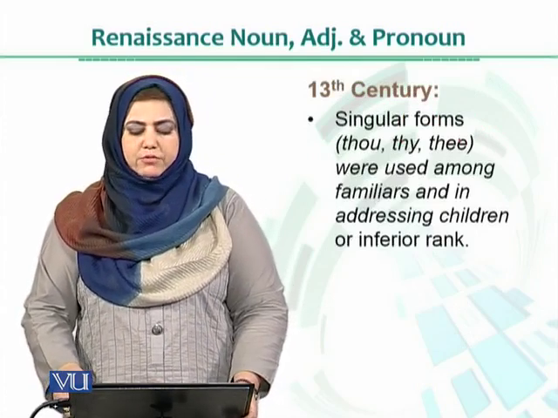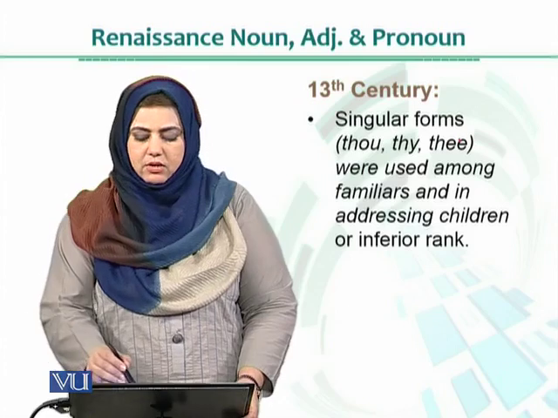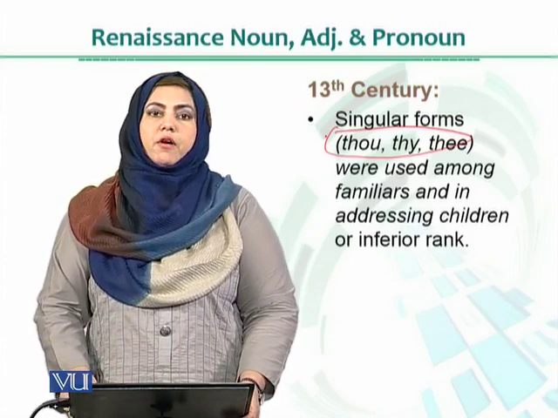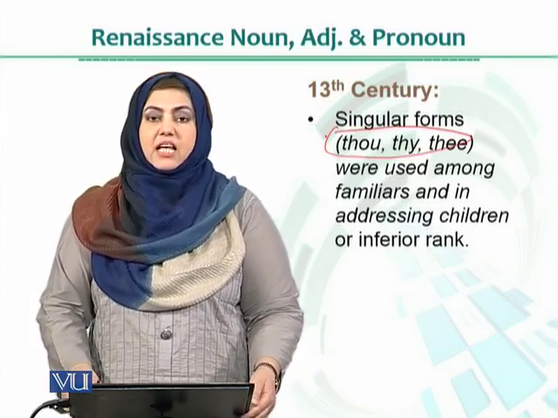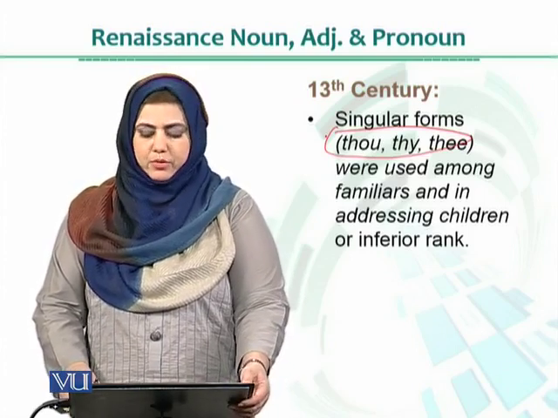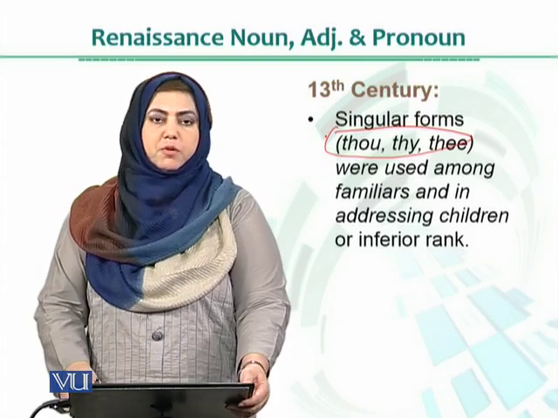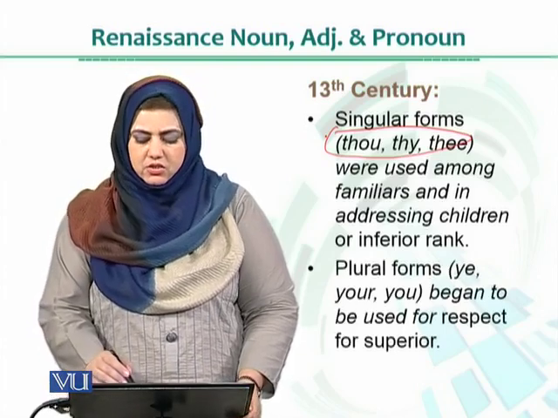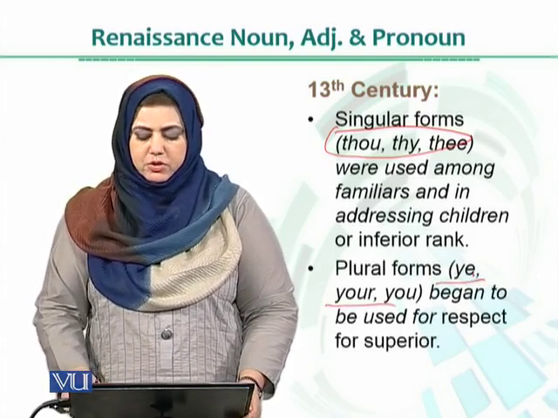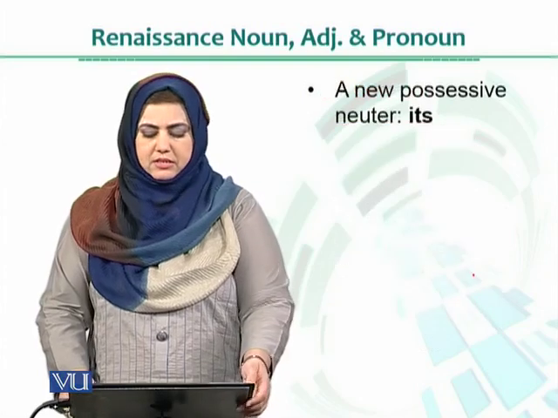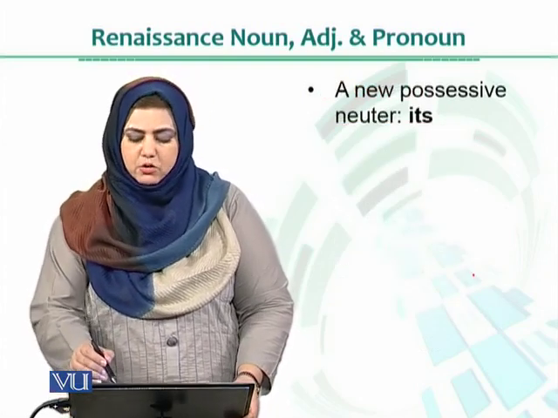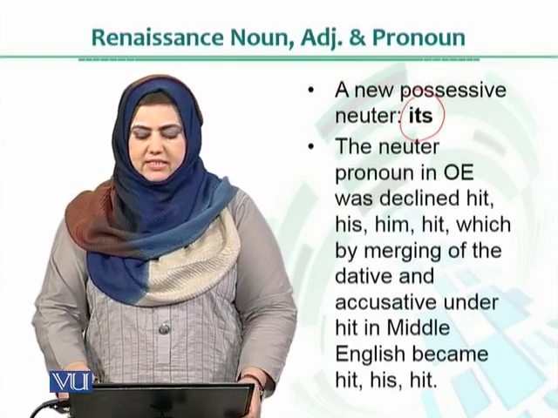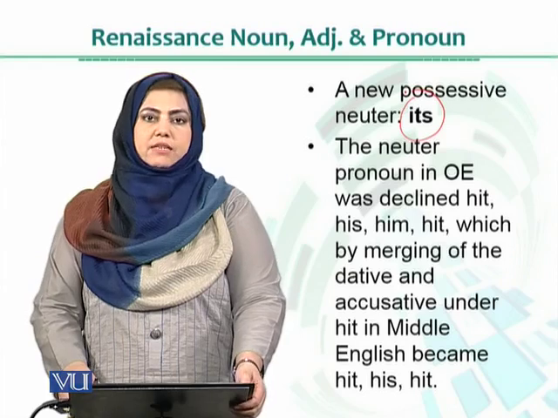My dear students, if we go back to the 13th century, the singular forms thou, thy, and thee were used in familiar situations, among people we are familiar with, or with children, or with people of inferior rank. But for plurals, ye, your, and you began to be used for respect for superiors. This new possessive, its, is a neuter that was introduced during this time, and that is an important development in terms of language.